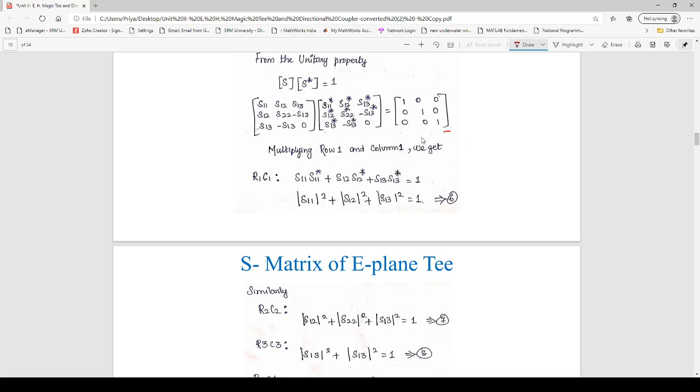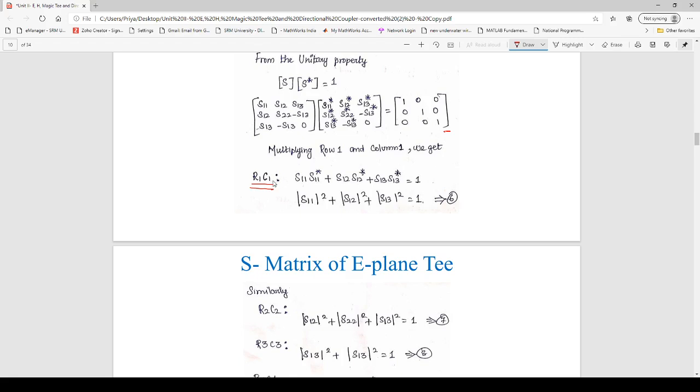Okay, and what is the next property? If I multiply the rows and columns, for the same row and same column, the summation should equal 1. If I am multiplying a different row and different column, I should equate it to 0. So that is what we are going to use now. I will do R1 C1, the same row and same column, and I should equate it to 1.